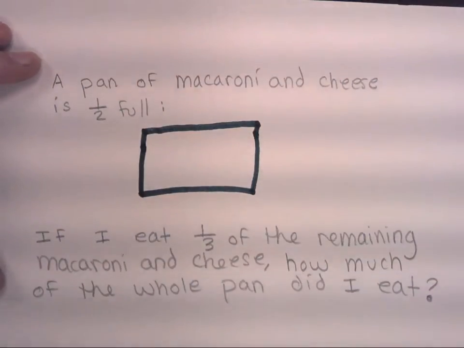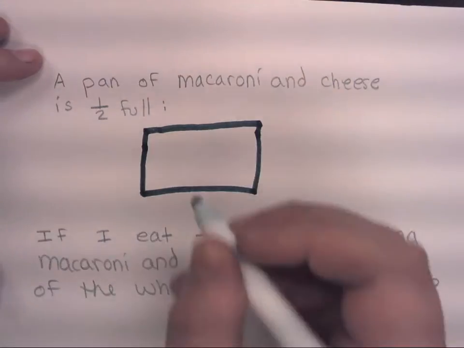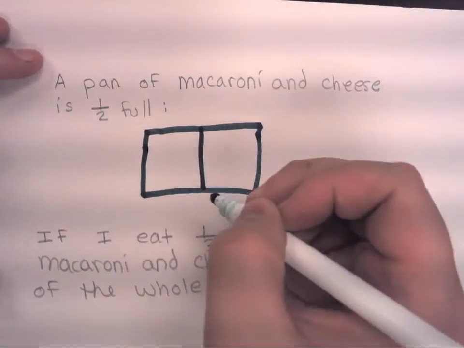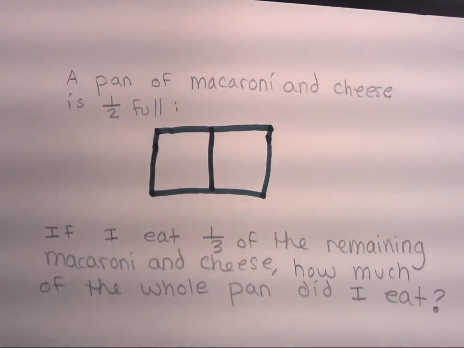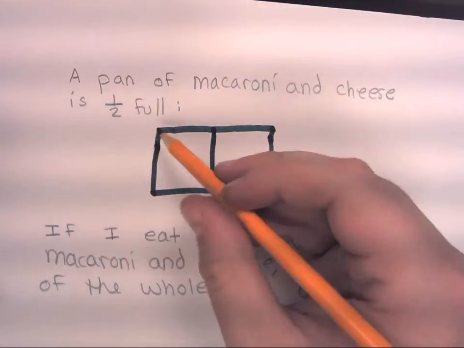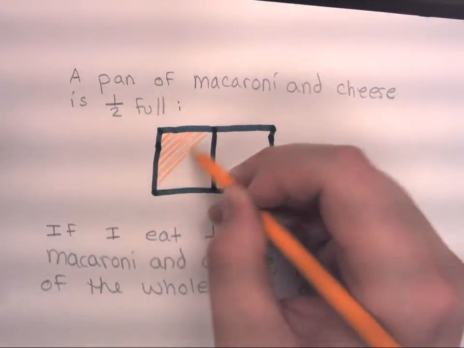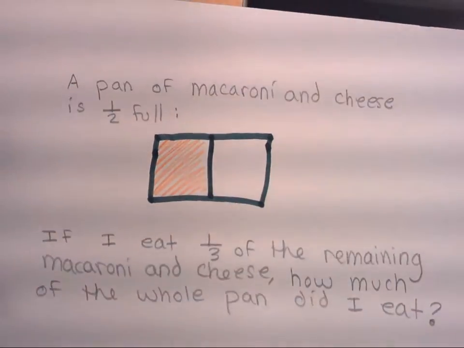And so this rectangle here represents a whole pan of macaroni and cheese, but we're told that half of the pan is present. So we have half a pan of macaroni and cheese.